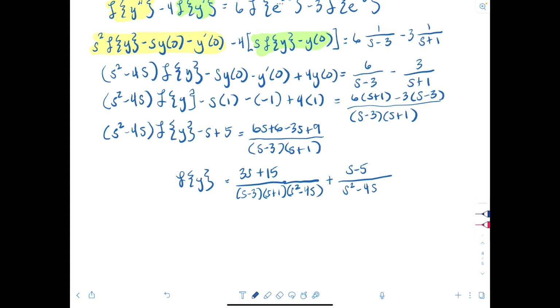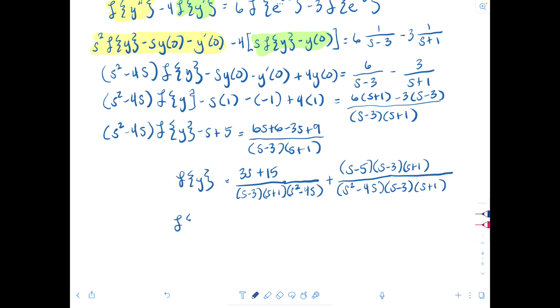Cool so far? Now, I need a common denominator, right? So I'm going to continue this out and multiply by s minus 3 times s plus 1, just that second fraction. And then same with the denominator, so we're multiplying by 1.